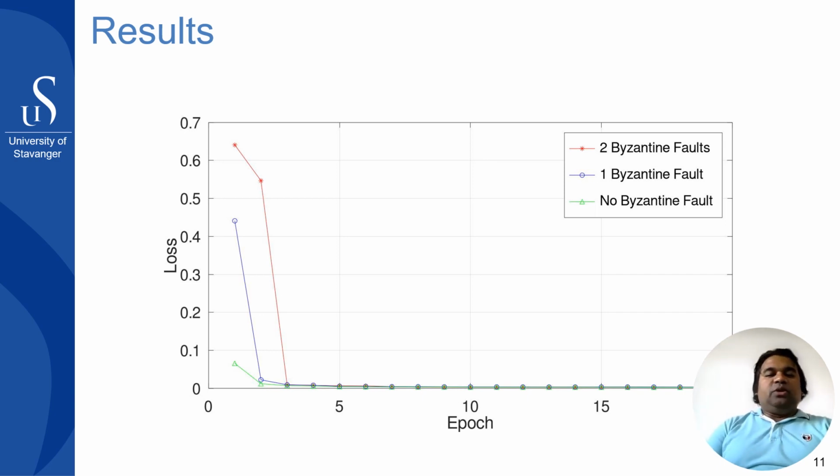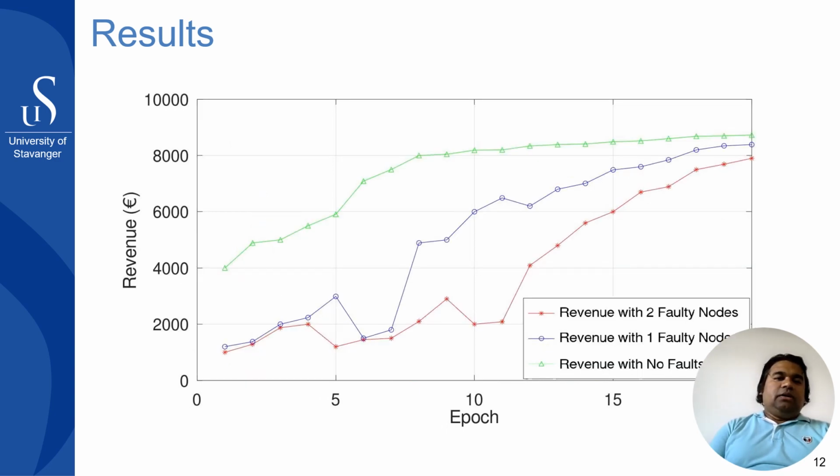But over the time period, we can see that the loss is decreasing for our learning algorithm. This is very important, that even with two Byzantine faults, the loss is decreasing over the epochs. So our system is working very nicely here.